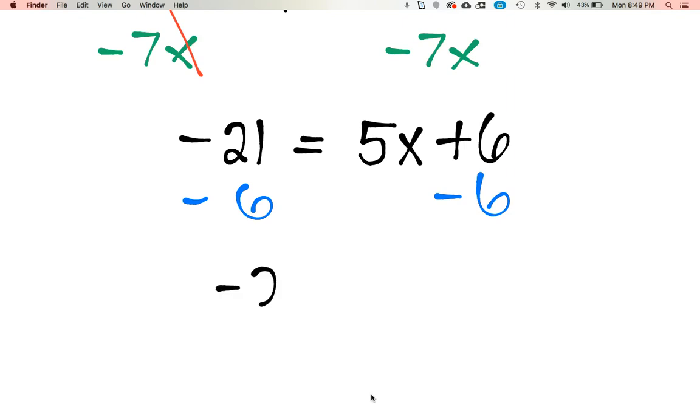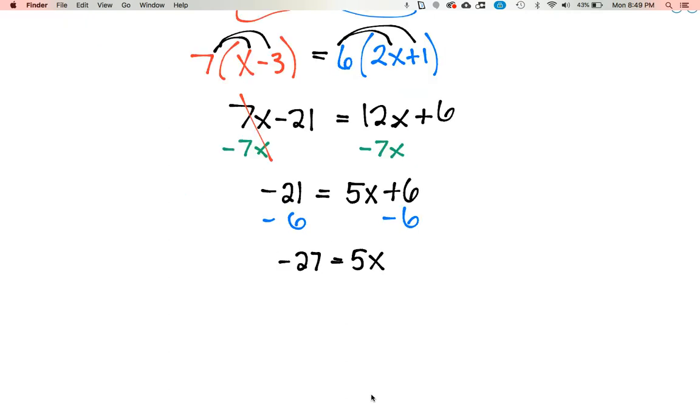We get negative 27 equals 5x. Divide both sides by 5. X equals negative 5.4.